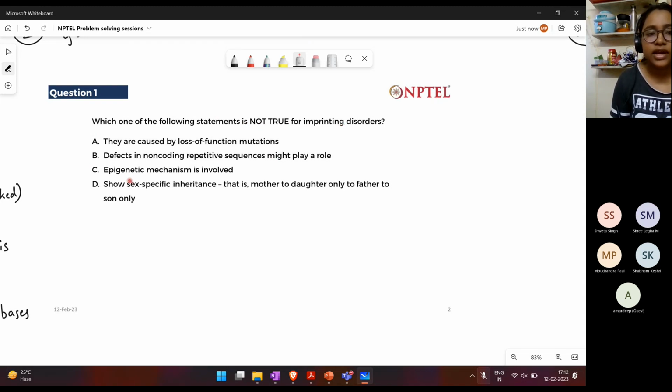I told you that an epigenetic mechanism is involved. Because of this mechanism, the DNA sequence of the parental or maternal allele gets an additional methyl group. Methyl groups are added to the bases, so it gets imprinted. So this is actually true.